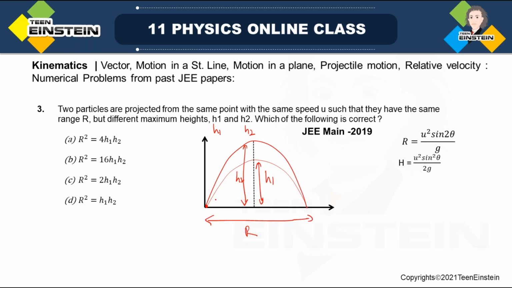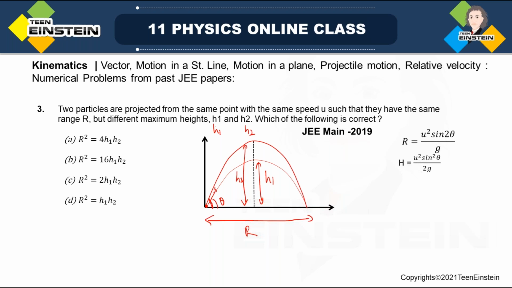One more thing, if you look, you can understand that both the particles are not thrown at the same angle. If this is thrown with angle theta, then the other one must be thrown at an angle 90 minus theta. You can just think of that, or 90 plus theta. Let us say this is theta.